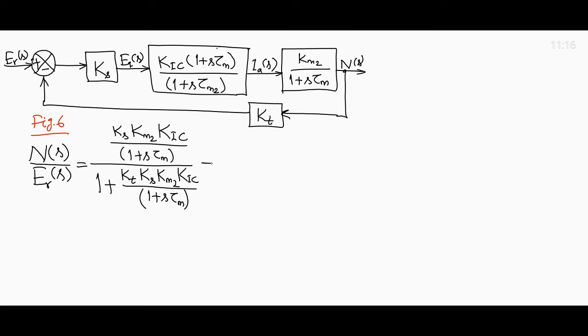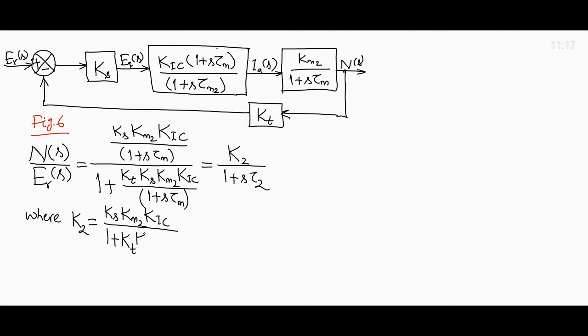So this is equal to the gain K2 divided by 1 plus S tau 2, where K2 is Ks Km2 into KIC, whole divided by 1 plus KT Ks Km2 into KIC, and the time constant tau 2 is tau m divided by 1 plus KT Ks Km2 into KIC.